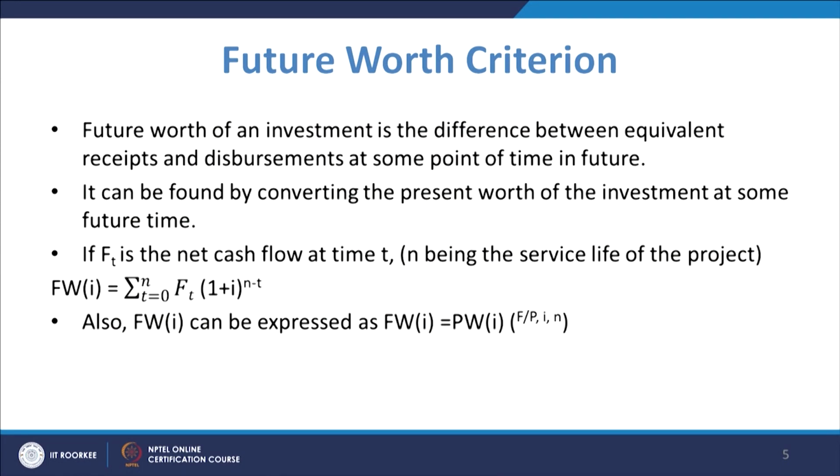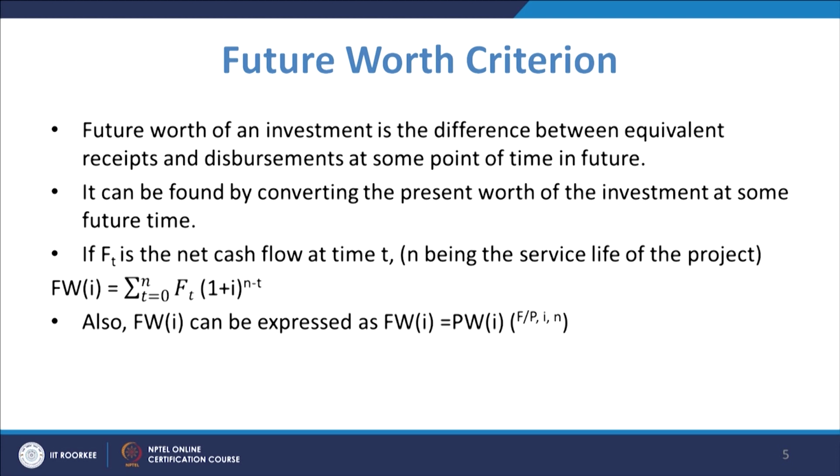We know that the formula for future worth at any particular interest rate I will be F t into 1 plus I raised to the power n minus t, because as we move in the direction of time, there is lesser and lesser time available for it to earn interest.